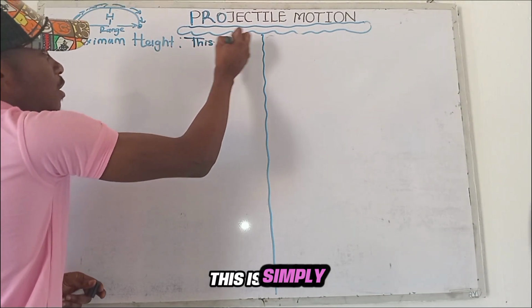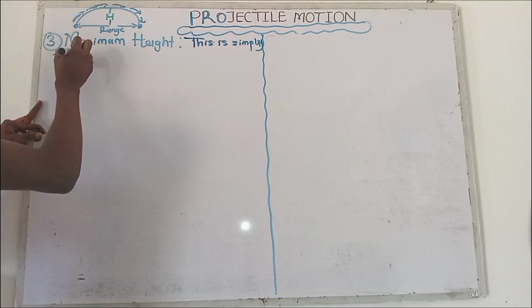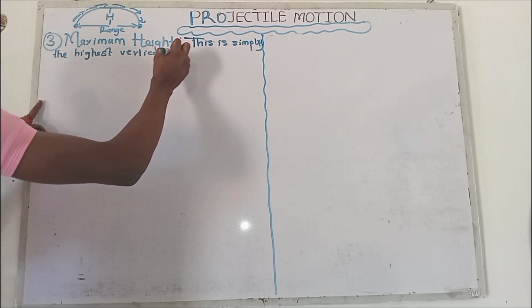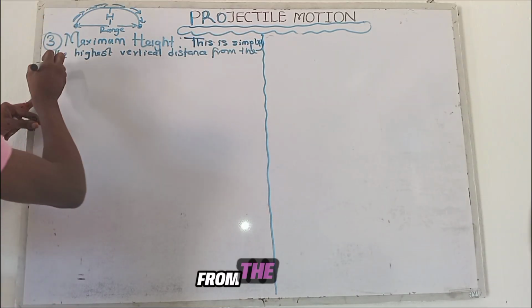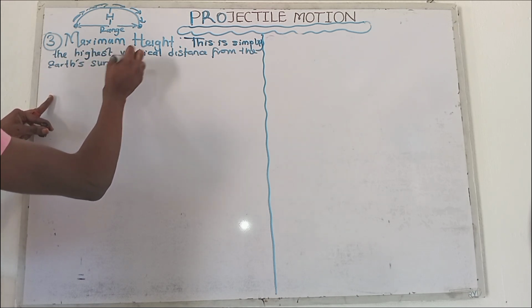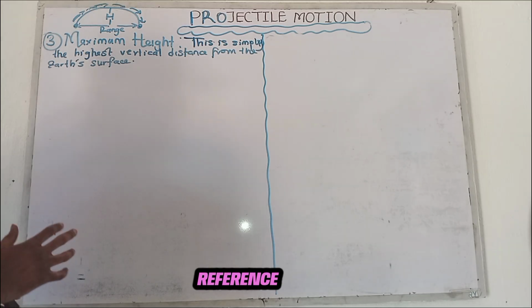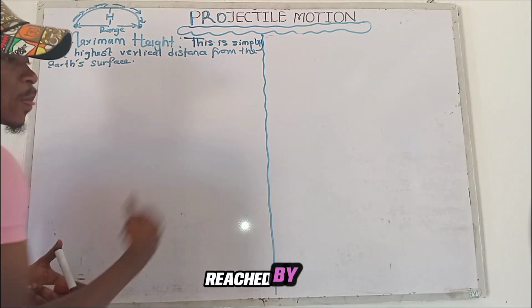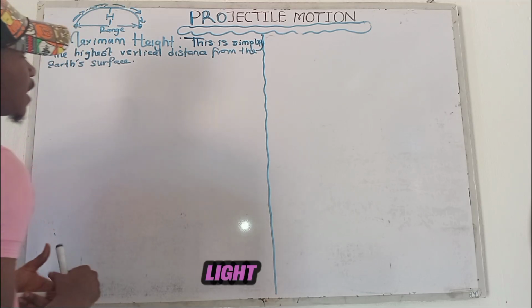This is simply the highest vertical distance from the Earth's surface. Now, when I say the highest vertical distance from the Earth's surface, we are making reference to the projectile object itself, right? So the highest vertical distance reached by the projectile under the influence of the Earth's gravitational force. I believe you can look at it in that light as well.